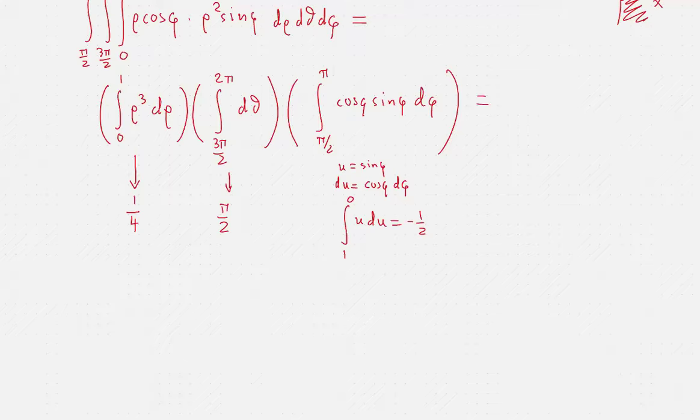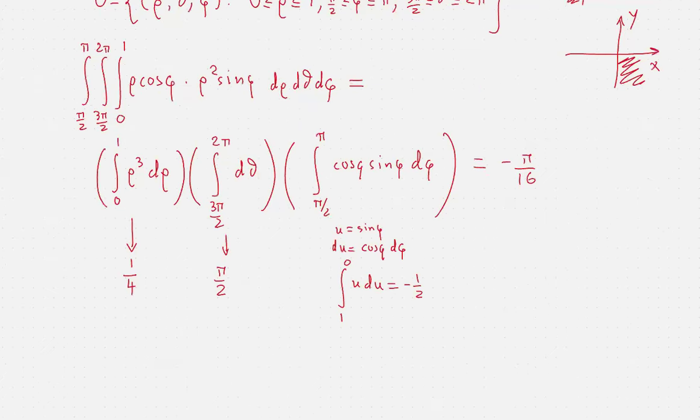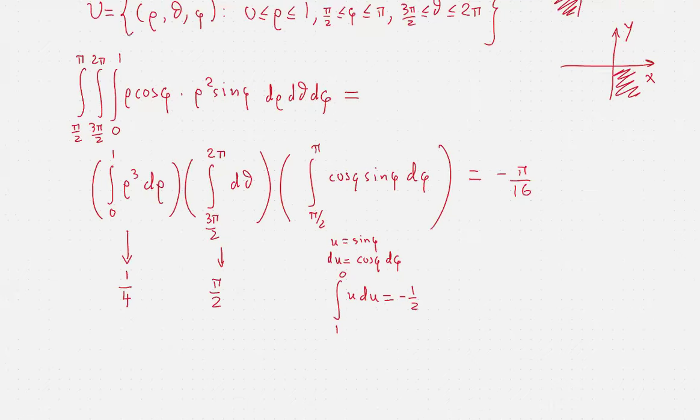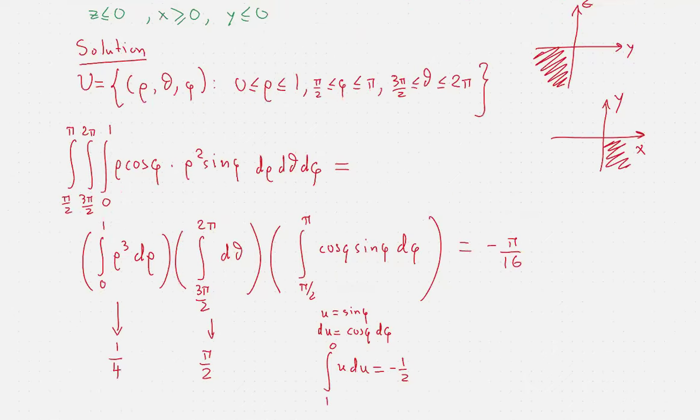And sometimes at this point, I get the question, why do we find negative pi over 16? Are we supposed to get a positive number because we're computing volume? Well, remember, we're computing signed volume, and in this case, it's the volume of a region in four-dimensional space. And if you take a look, the integrand is in negative territory.